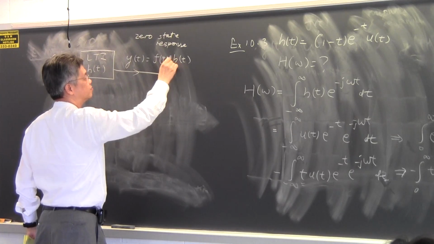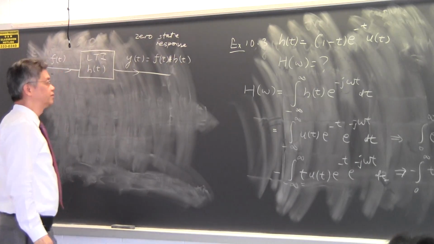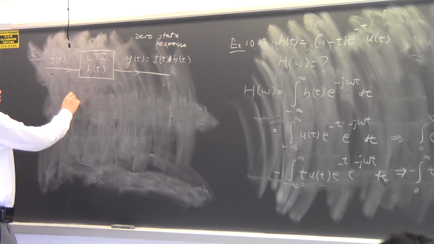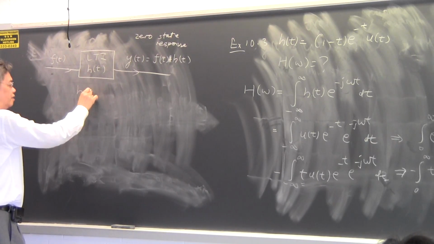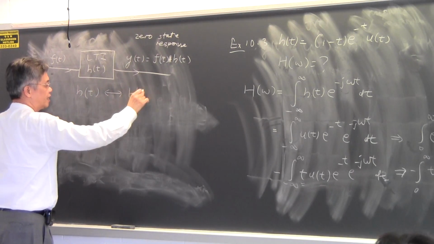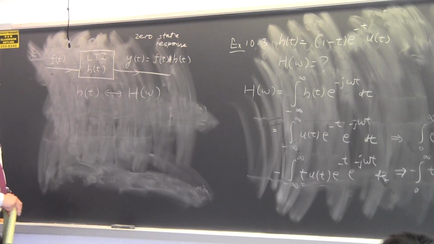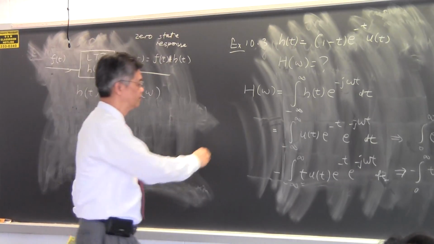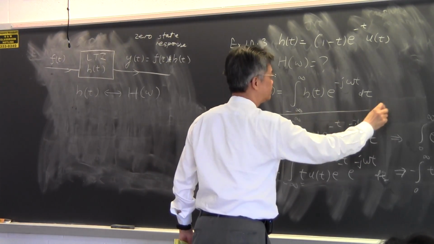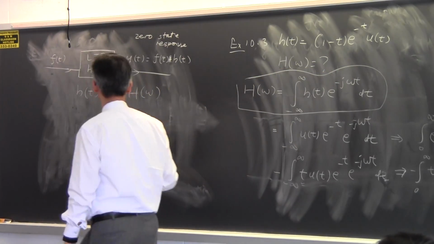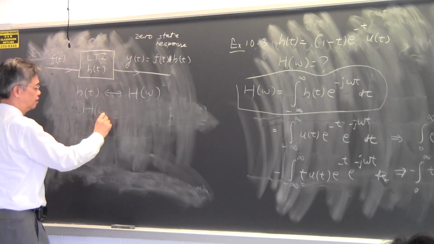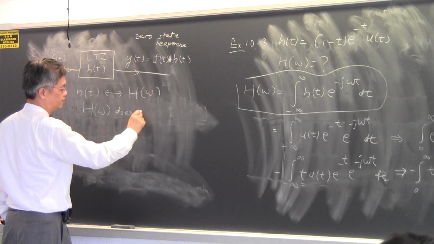And then it is important to note that h of t is transformed to H of omega, and sometimes this transformation does not exist. It's possible that H of omega does not exist.